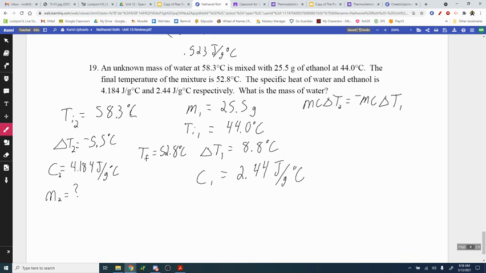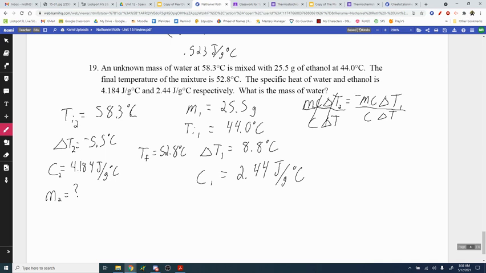We want to get mass of water by itself, so we divide both sides by C delta T. So C delta T is going to cancel out on this side.